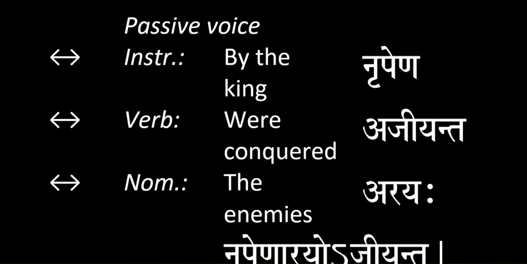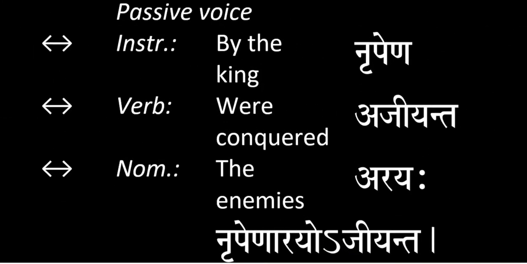But since the enemies are the subject in the passive voice, because the enemies were conquered by the king, the king turns from nominative in the active voice to the instrumental case in the passive voice. So it turns from nripaha to nripirna.